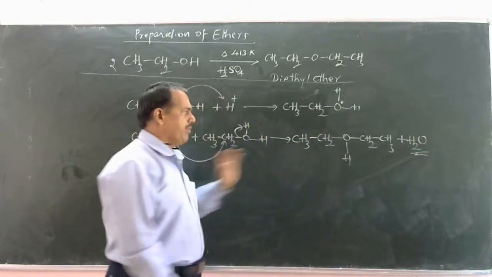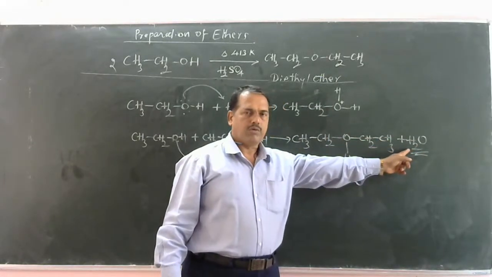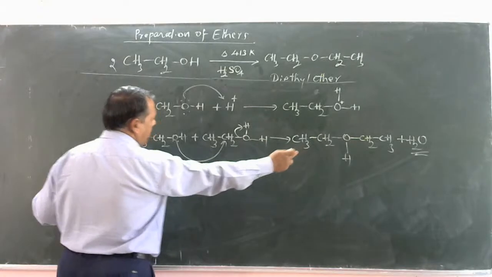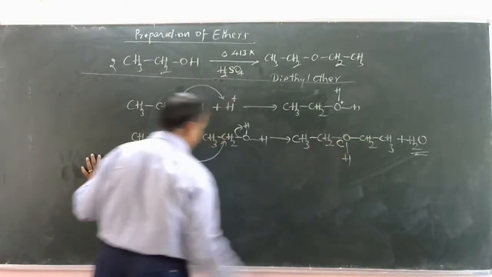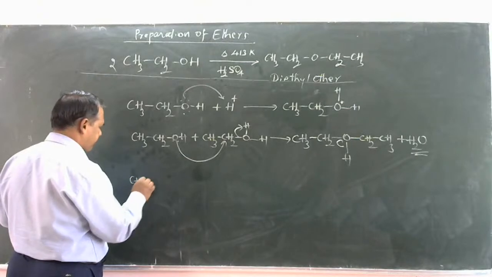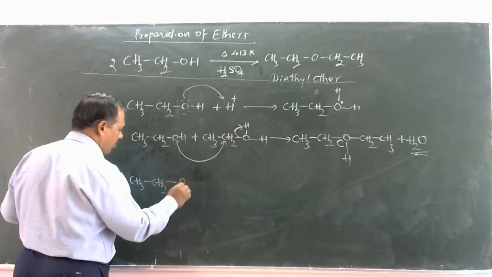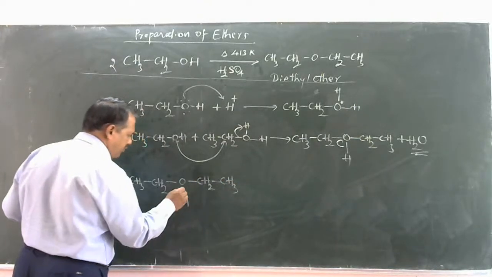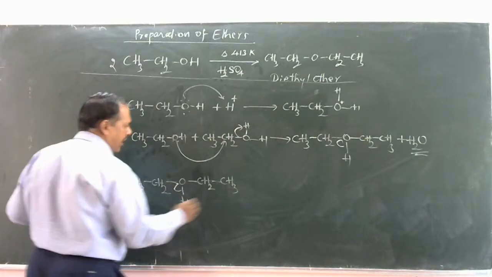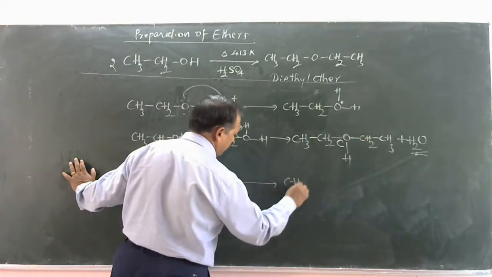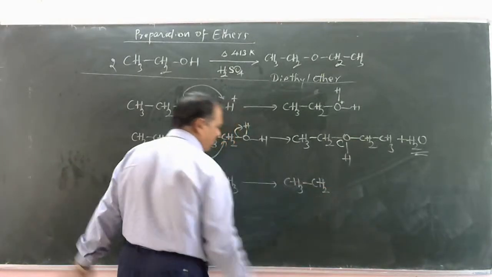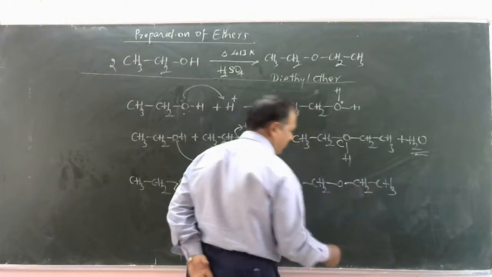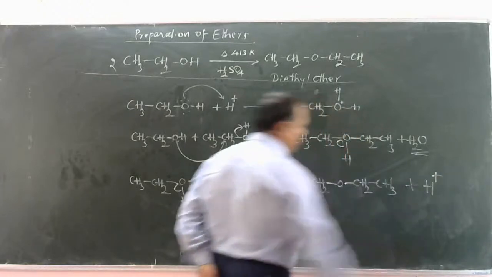The important steps to note down are the elimination of the water molecule and, in the last step, the proton is eliminated and the bond forms. CH3CH2OH, again CH2CH3, and this proton is eliminated and we will get ether, CH3CH2OCH2CH3 plus H+. A proton is eliminated.